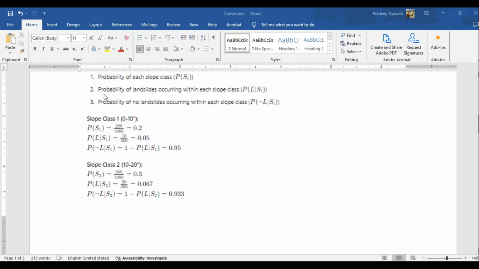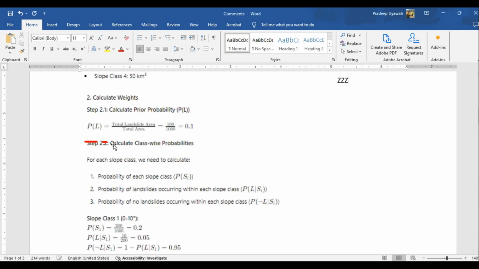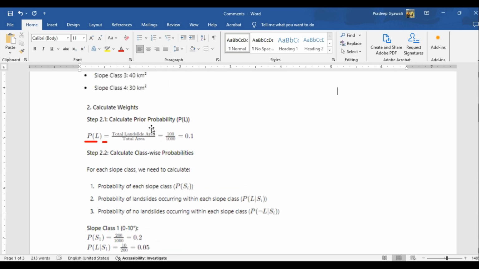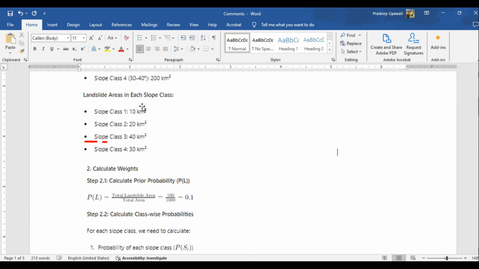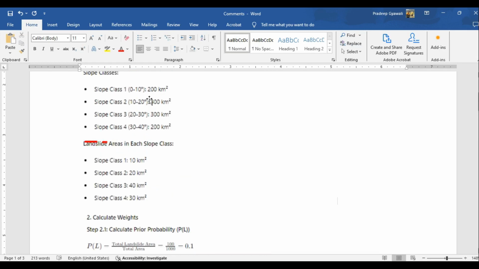Similarly, we have to calculate the probability of landslide occurring within each slope class. That means within 10 degree, within 20 degree, within 30 degree, and within 30 or above degree. So here you can see the probability of landslide occurring in slope 1: the total area of 200 is the denominator, and the numerator is the landslide area 10.